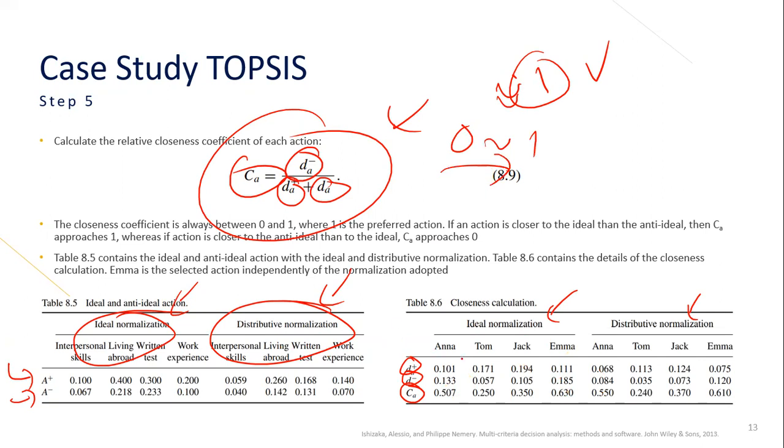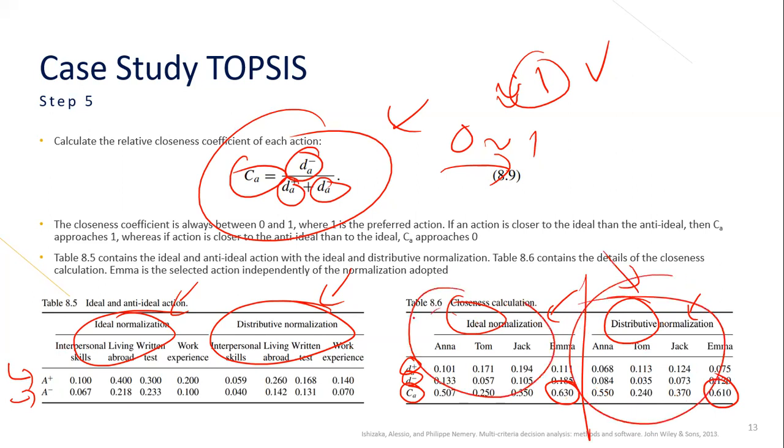So basically, EMMA with a closeness index of 0.630 and 0.61 in the distributive and ideal normalization is the better one. If you want to do this in your project, you can choose either way. Just choose one, that is fine.